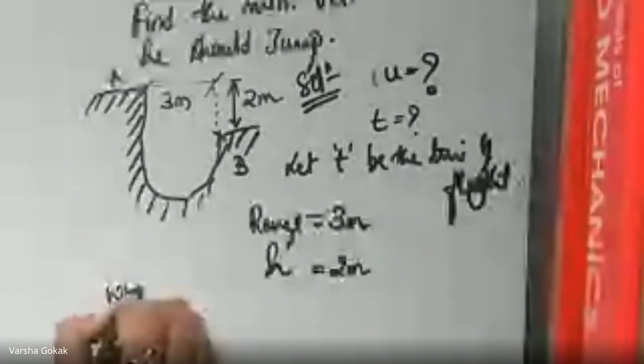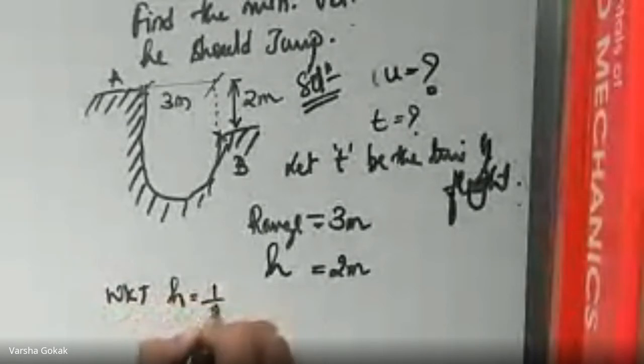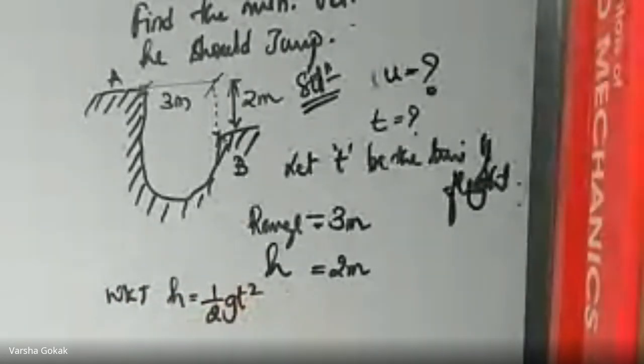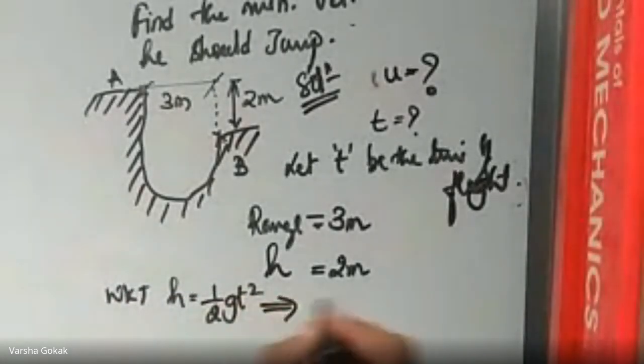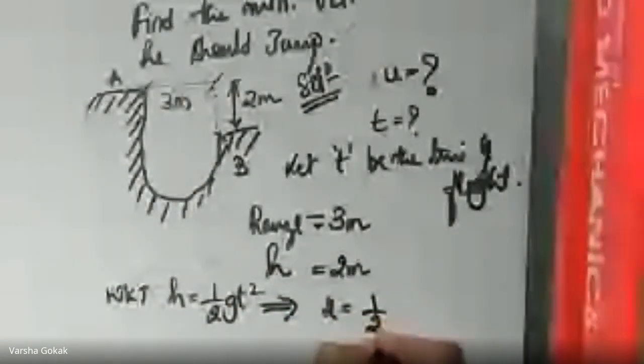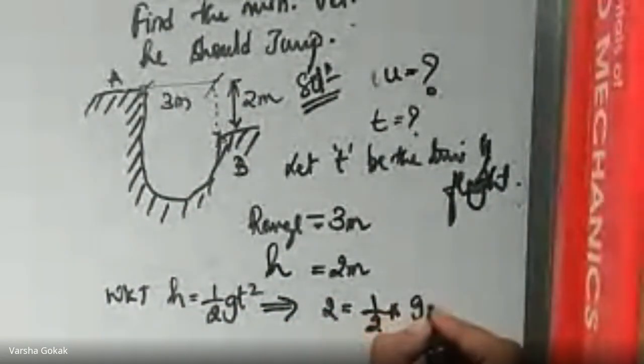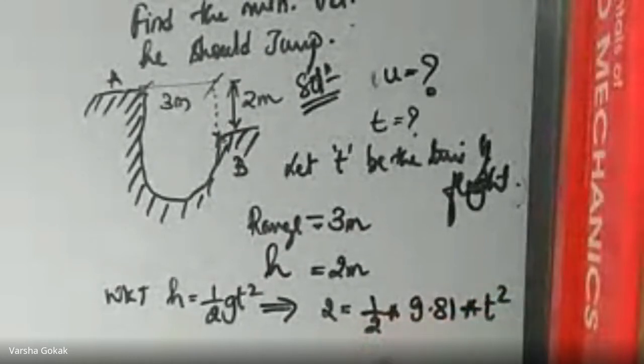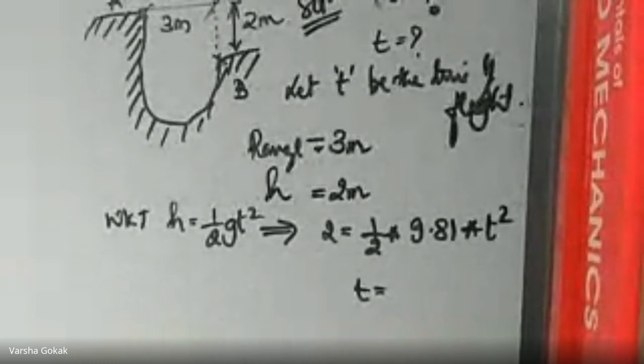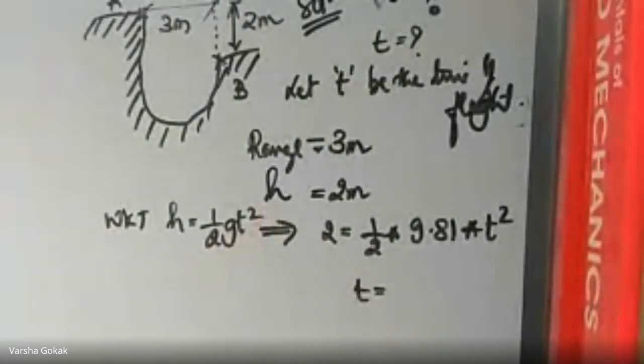So I know the equations for H and range. We know that H equals half g t squared. Substitute. H is 2, half, g value is 9.81, into t squared. Get me the value of t, please. t equals the square root of 4 divided by 9.81.